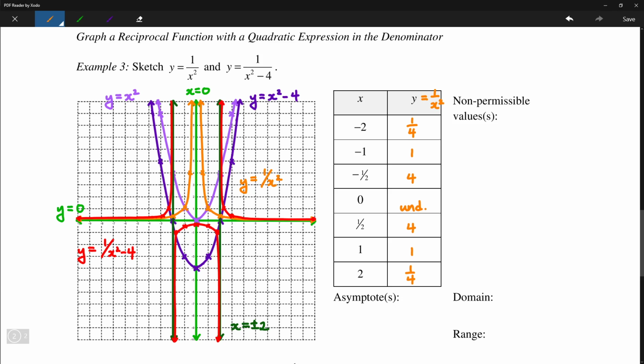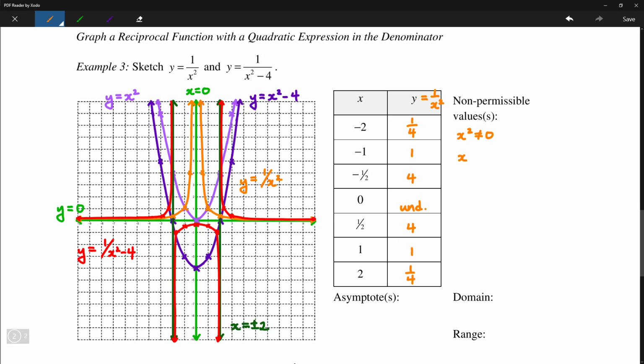So notice that in this case, the square on the x value makes it so that any x value squared will be positive, and then we take this reciprocal. So the orange graph is entirely above the x-axis. Okay. So the non-permissible value: we have x squared cannot be equal to 0.